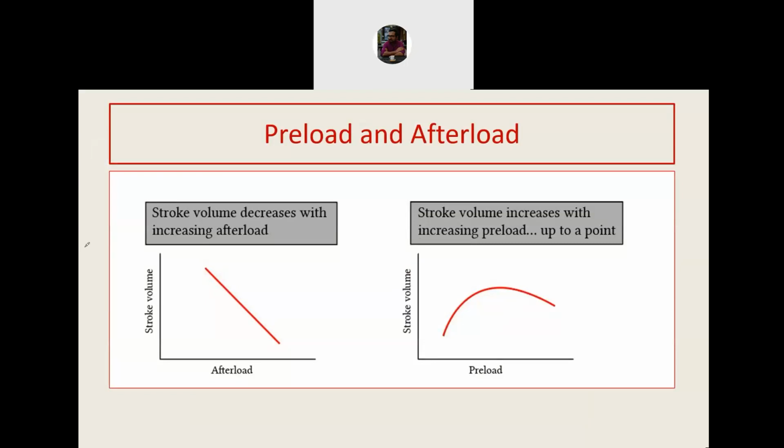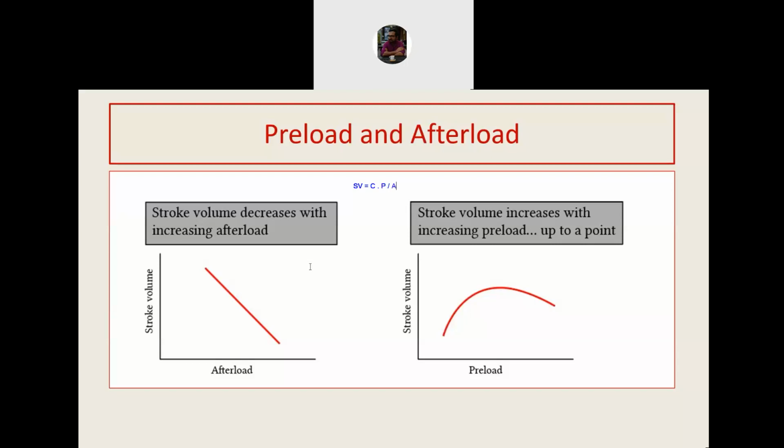Now see, you have to understand how the Frank-Starling's law is going to affect this curve. The Frank-Starling's curve, as we have mathematically presented, simply represents that cardiac output or stroke volume must be equal to contractility multiplied by preload divided by afterload.